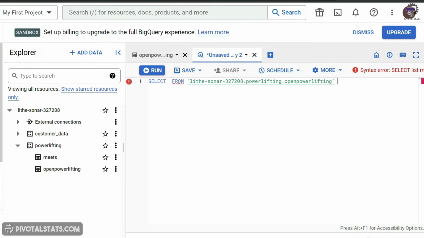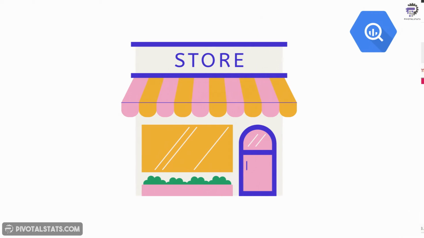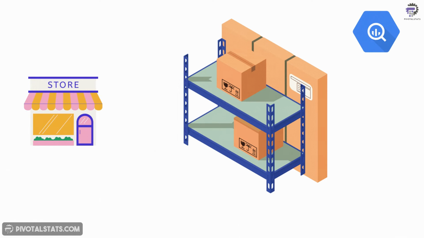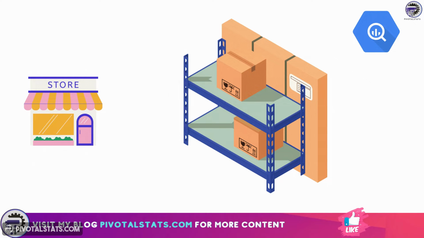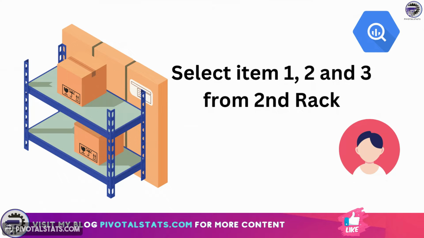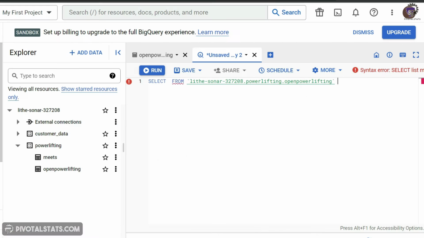In a normal scenario, if someone walks into a store and there is a rack containing a couple of items, and I have to communicate in plain English to select a few items from that rack, I will simply say: select items A, B, C from rack number this. SQL select statements are exactly like writing English.